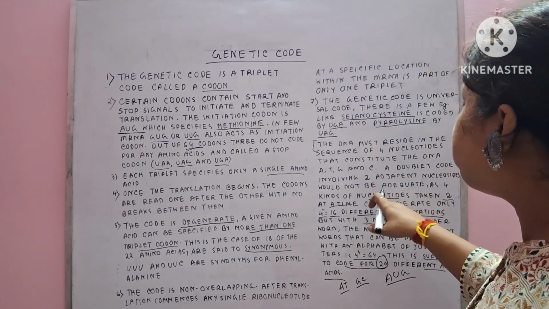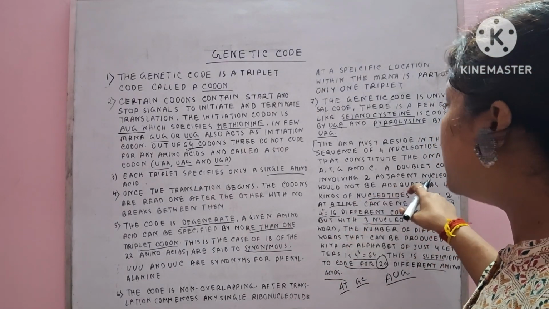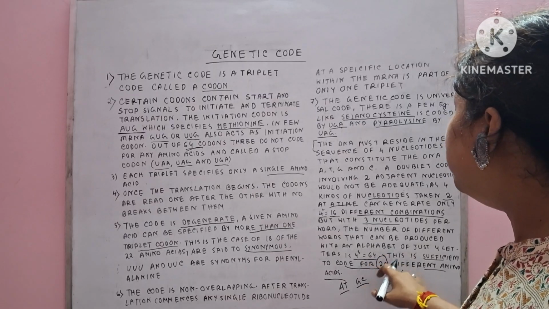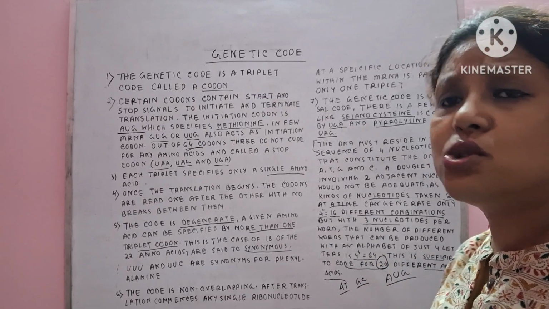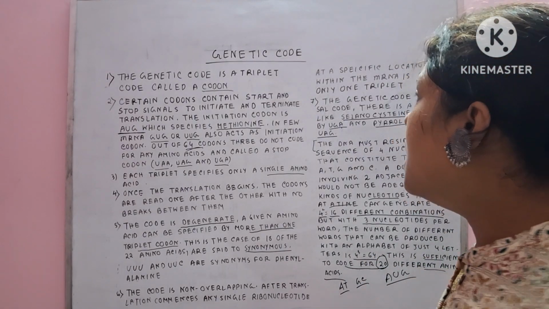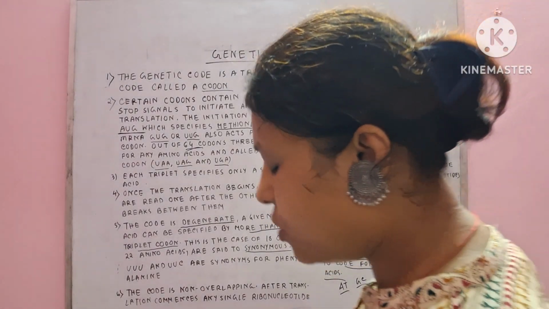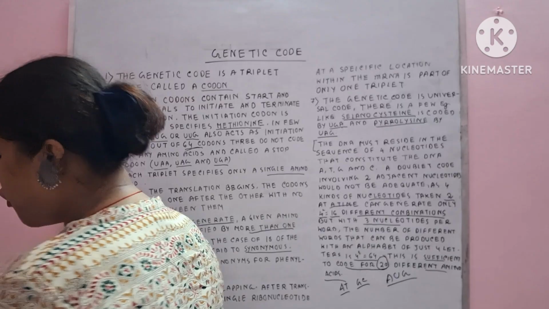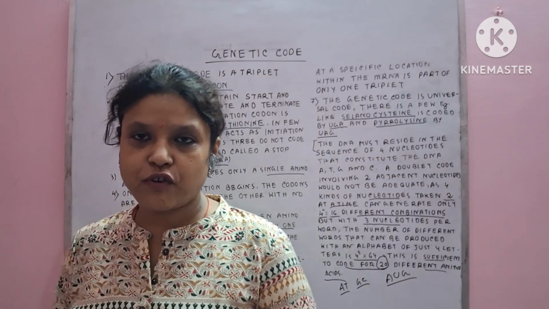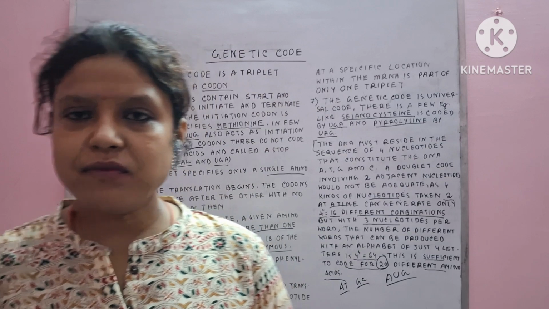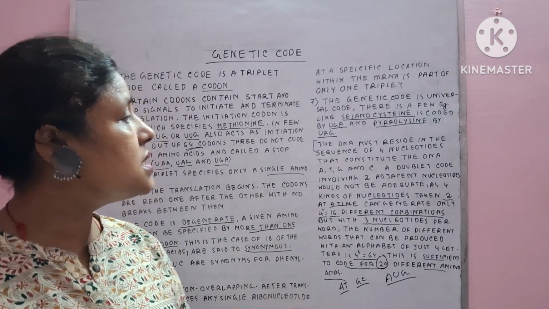If they remain as a doublet, the binding of 20 different amino acids is not possible. Clear? So this is the genetic code explanation: why the genetic code remains in the triplet form and not the doublet form, and the properties of the genetic code that I have explained here.